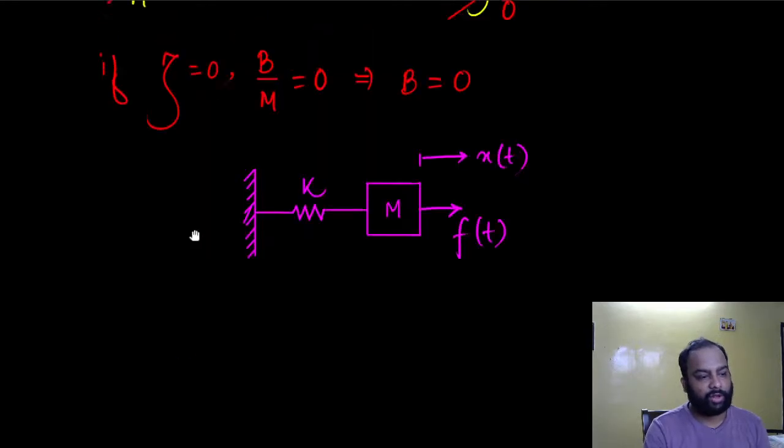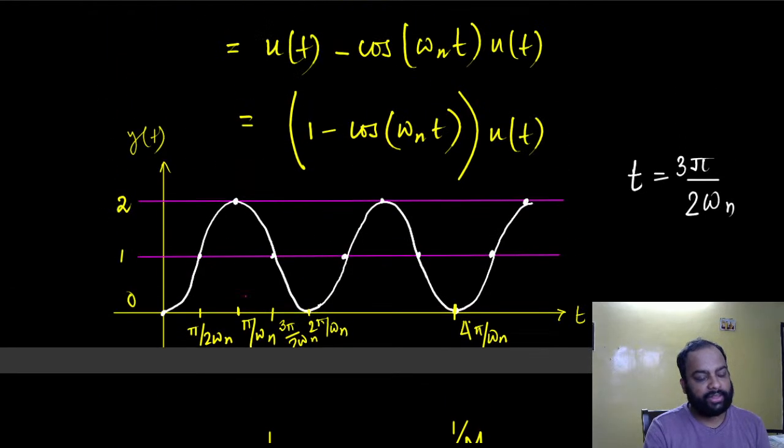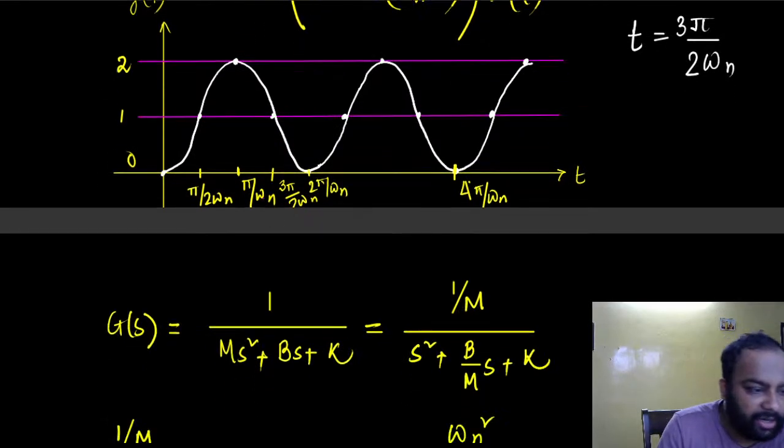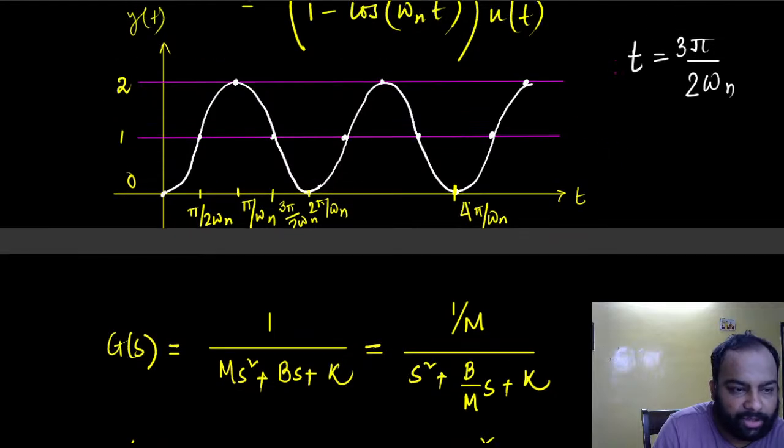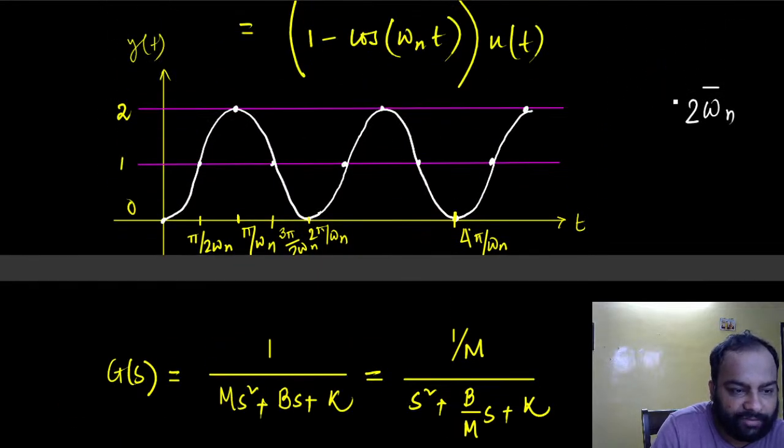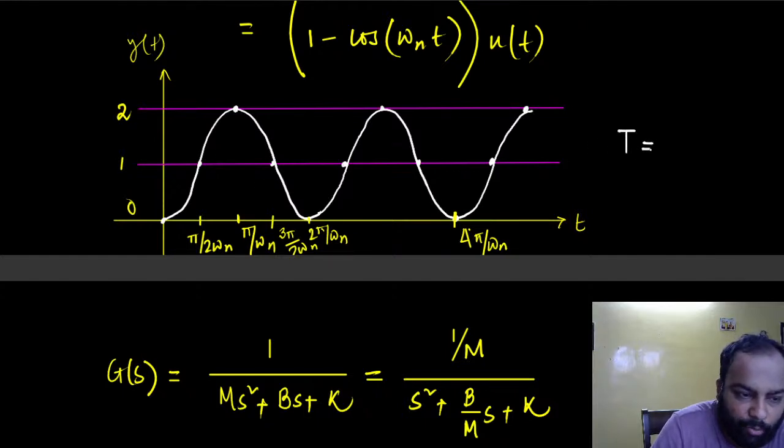But what is the frequency of oscillation here? The frequency at which the response of the system oscillates, as you can see, so what is the time period of oscillation? The time period is one complete oscillation, which we define with capital T. So that is going to be 4 pi by omega n, right?